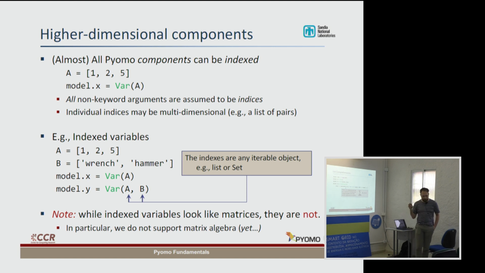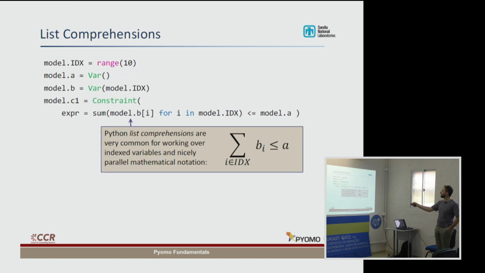This is quite important as well. Let's say that I define a first index, for example x for index, which is a range from 0 to 10. Actually, 10 is not included. It's 0 to 9 in this example. I define one variable which is not indexed, so it's only one variable a. I can define another variable b which is indexed with this.